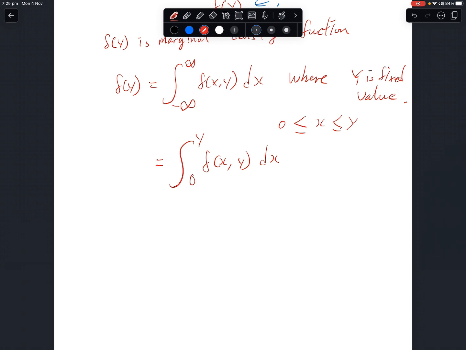Then we need to substitute f x y equal to 2 into the integral.